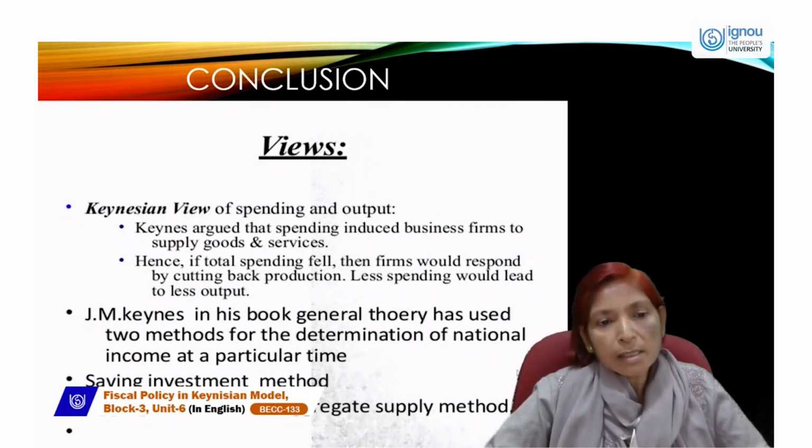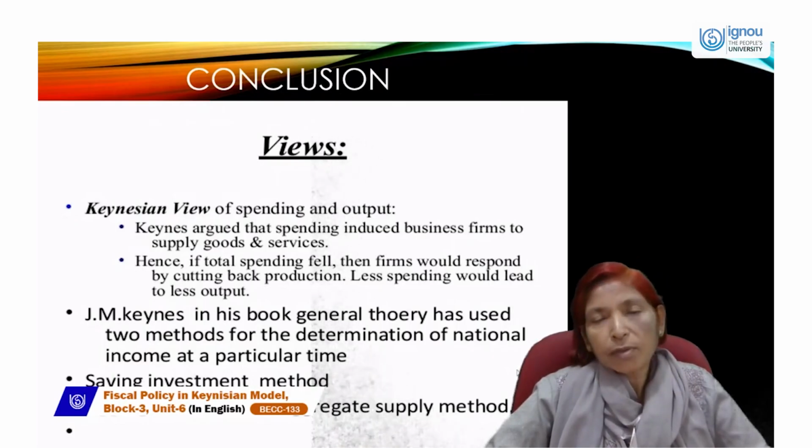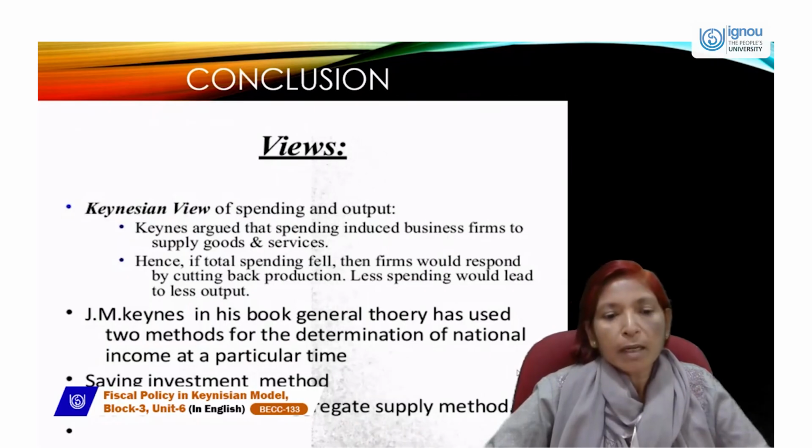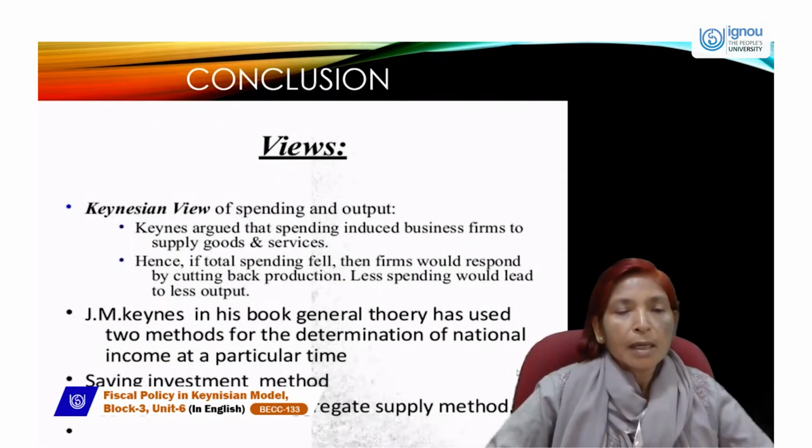So J.M. Keynes, in his book The General Theory of Employment, Interest and Money, published in 1936, used two methods for the determination of national income at a particular time. One is the aggregate expenditure method and the other is the saving and investment method.